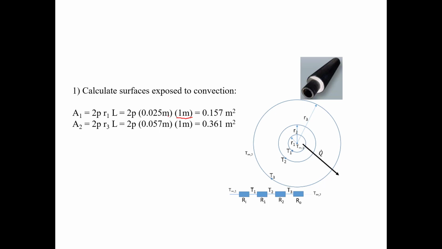So by using this formulation, we can calculate the inner surface area of the pipe, and we can do the same analysis for the outer surface area of the pipe, and we have the second value, okay.